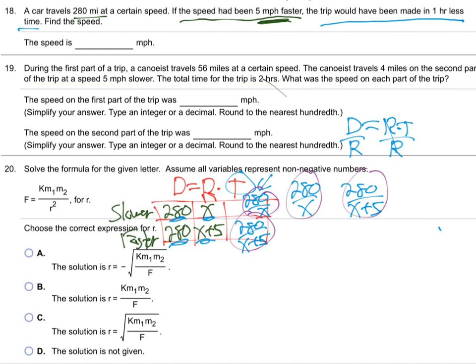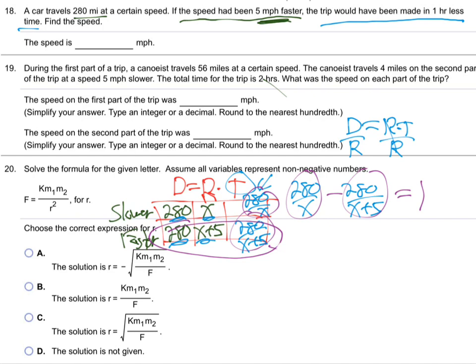This time and that time, the difference between them, the subtraction, is 1. Because that's the difference in time, right? The new trip, the faster trip, would have been made in less time. So if you subtract the times, the difference would have been 1.